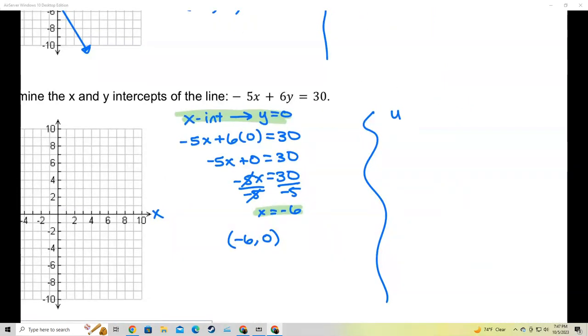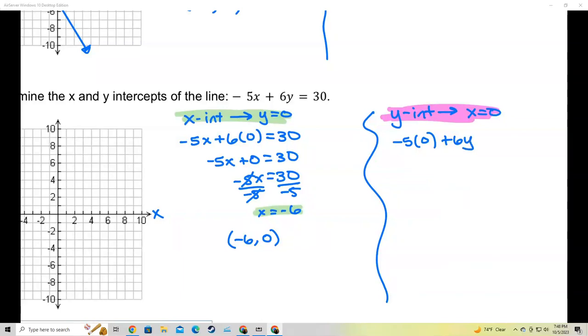If I want to find my y-intercept, then I know my x must be equal to 0. So let me go ahead and start writing my equation. I'm going to write negative 5 times parentheses, my x. But again, I know x is 0, so I get to write a 0 in its place.